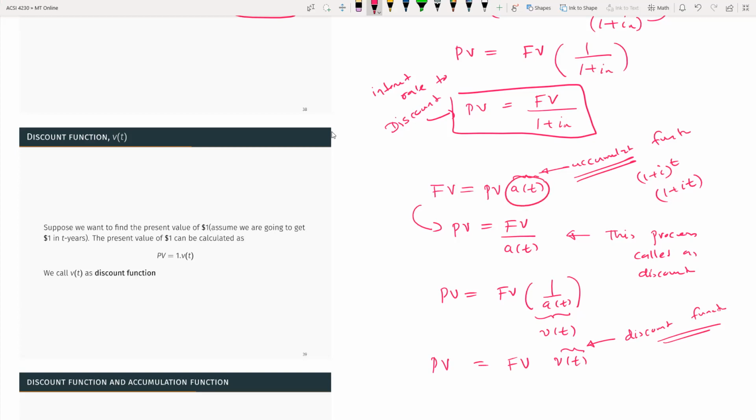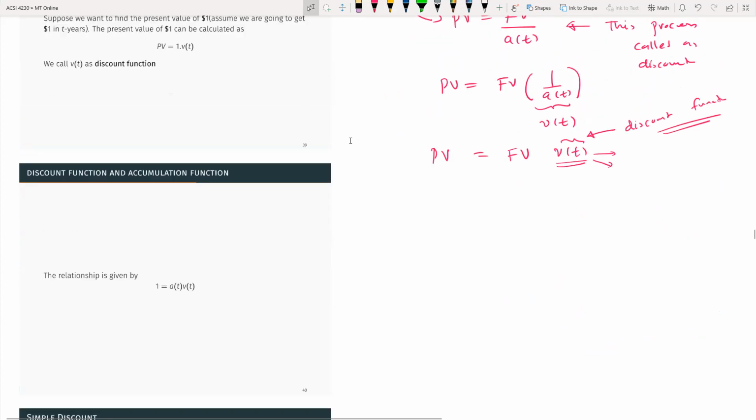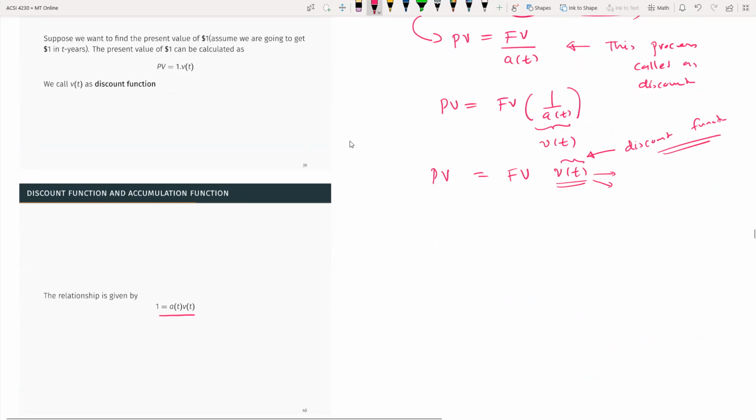Remember, the accumulation function can have these two types of forms, I mean, the popular ones. The same way you can define specific functions for Vt, and then you get different types of discount processes. Of course, you can see right away the relationship between At and Vt is this one.